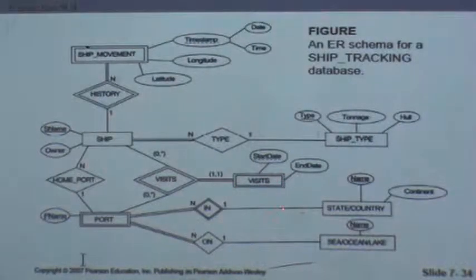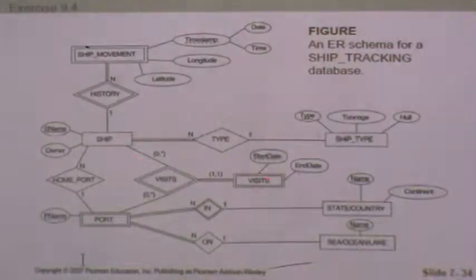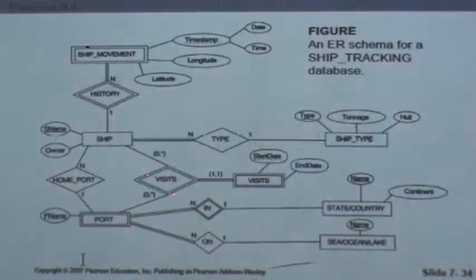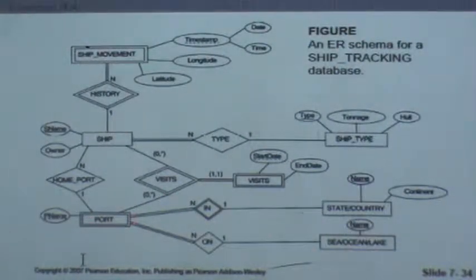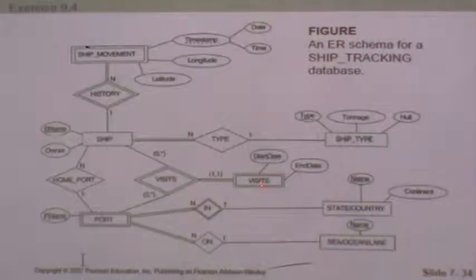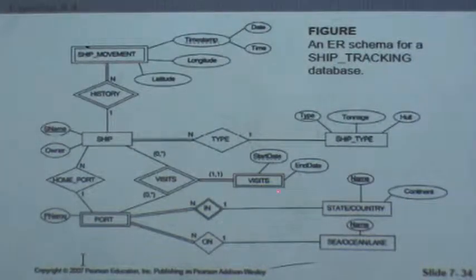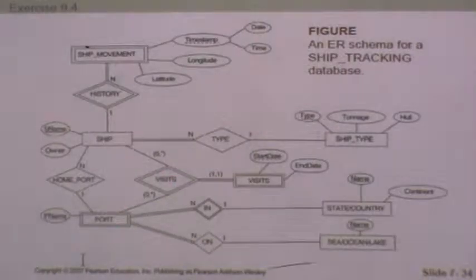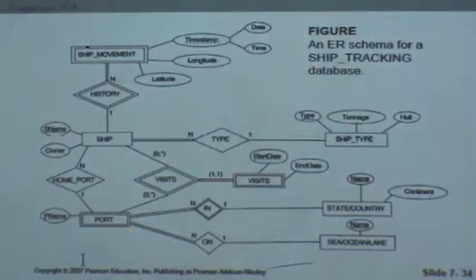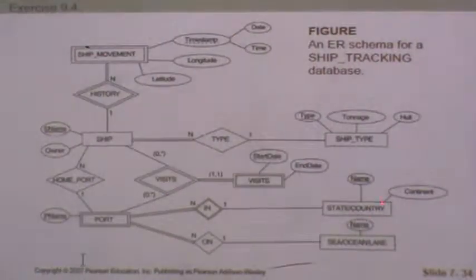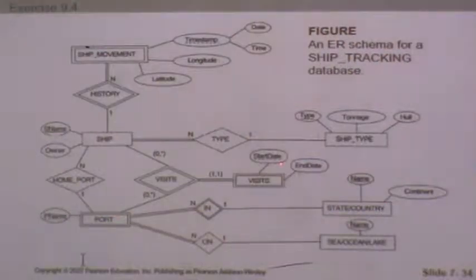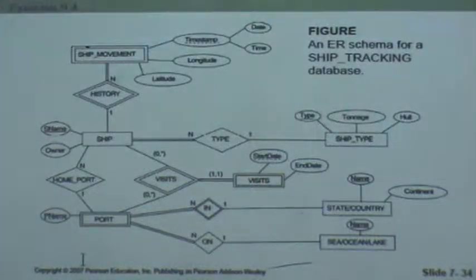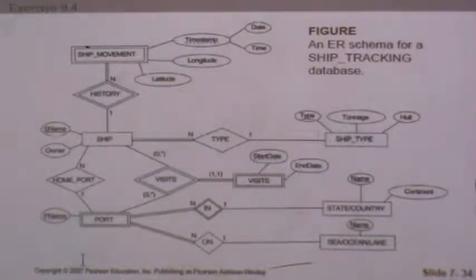Double rectangle, that is a weak entity. And also this is a ternary relationship, you need to create this one. And also this is a weak entity, which means to find the key of visit, you need to identify this. Also, you need to identify this, which means combining this one will be the primary key. Not easy.